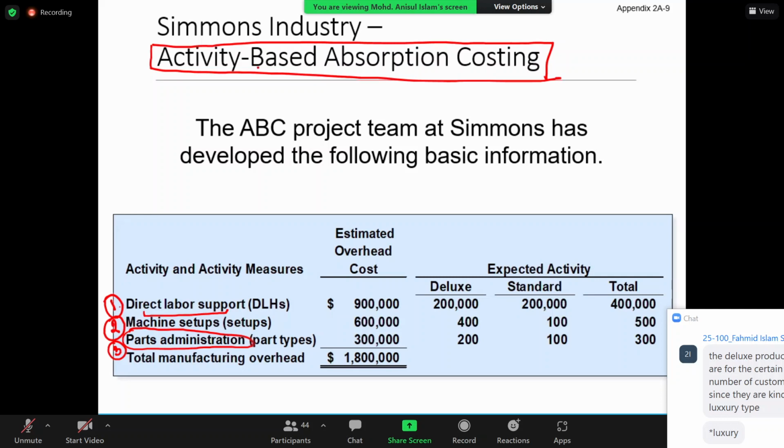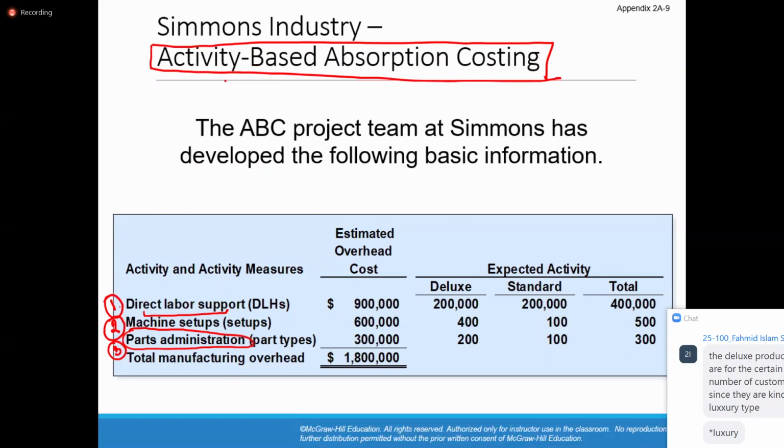For this one, we need to have the information of the number of activities and the cost incurred for each activity. Otherwise, it is not possible to apply the activity-based absorption costing.